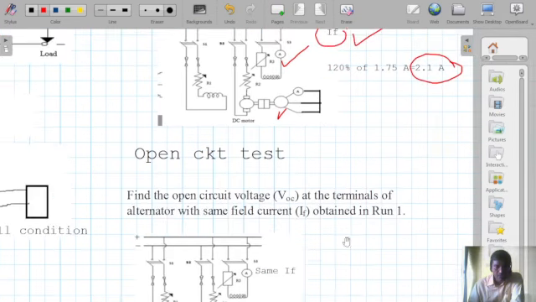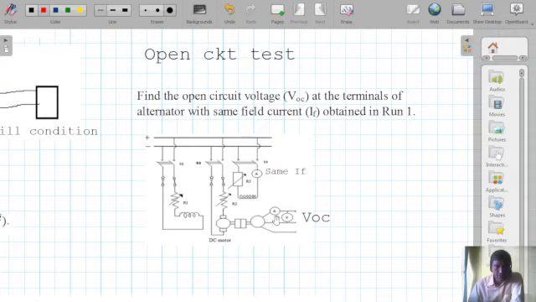Now open circuit test. The short circuit is removed. Now again the DC motor is run at the synchronous speed. Output is kept open, and the excitation current should be maintained at what we got earlier.